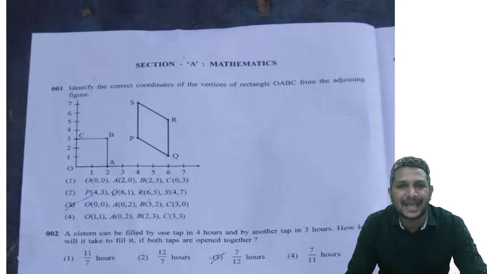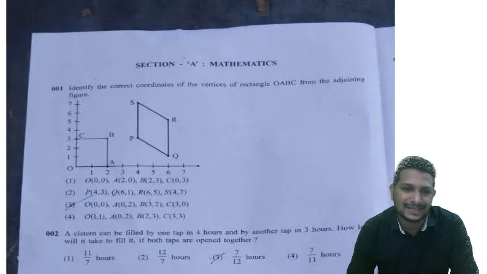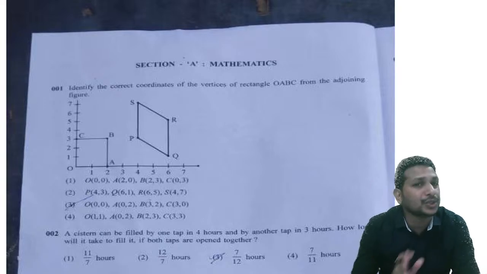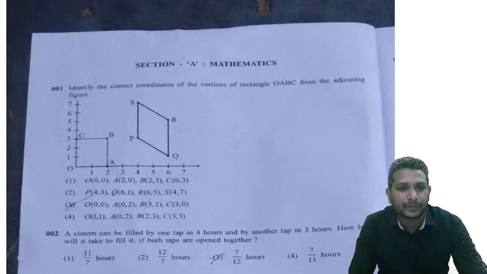If you observe the graph carefully, the origin is 0, 0, and capital A, as it is lying on the x-axis, has y coordinate 0, right? So point A can be written as 2, 0. Coming to point B, that is 2, 3, because it is 2 units from the y-axis and 3 units from the x-axis. And point C, lying on the y-axis, will be taken as 0, 3.